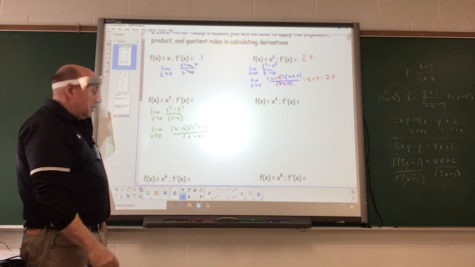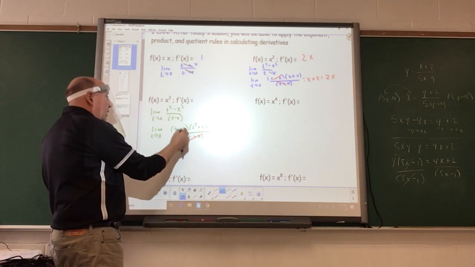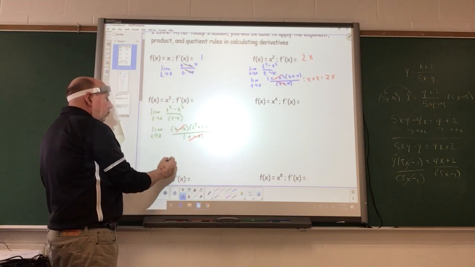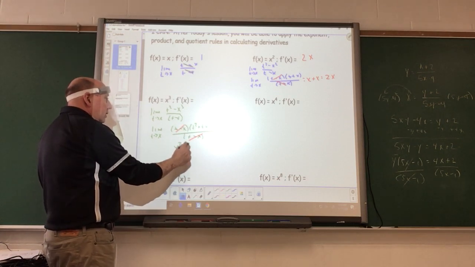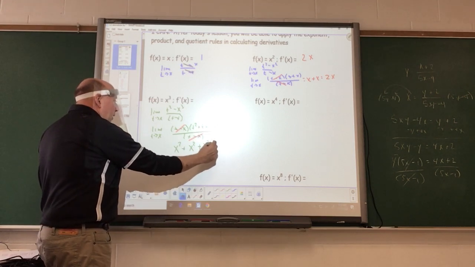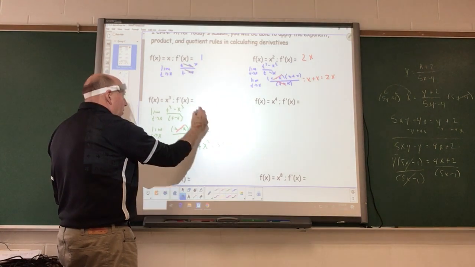Once again, the t minus x's cancel. So we're left with, substituting x for t, x squared plus x times x, which is another x squared, plus another x squared. So we get 3x squared.